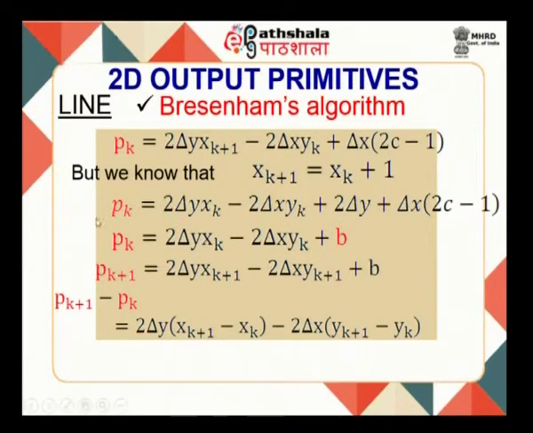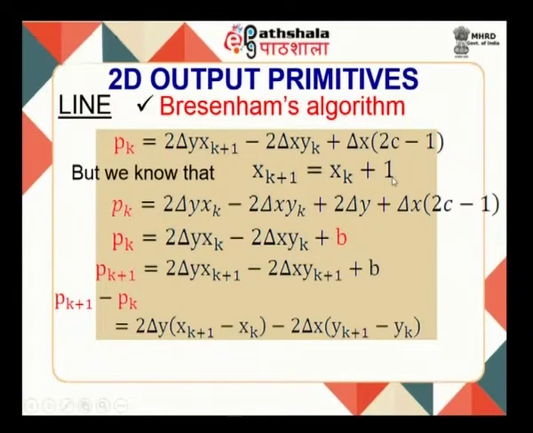Okay. So, here the left part of the equation has been replaced with p k, which is nothing but delta x into d lower minus d upper. The right side part is left as it is, and we know that because we are sampling the line along x axis at unit intervals, x k plus 1 is equal to x k plus 1.